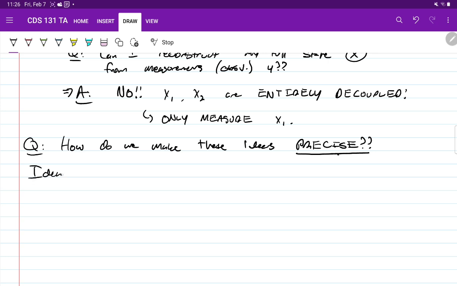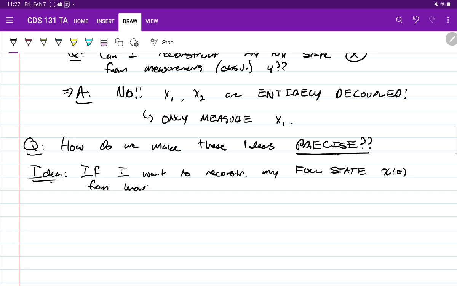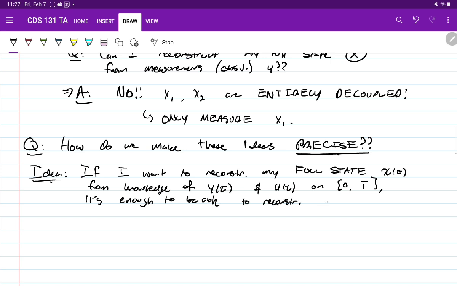So here's a basic idea. If I want to reconstruct my full state trajectory, which I'll call x of t, from knowledge of y of t, which is my output, and let's say we have knowledge of my input as well, u of t, say we know these on an interval 0, t, it's enough to be able to reconstruct my initial condition.